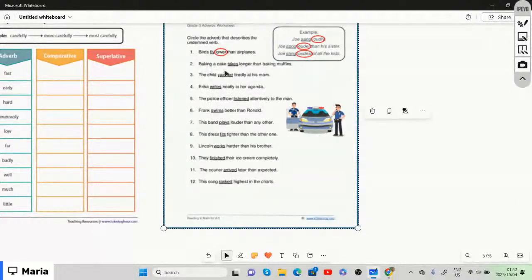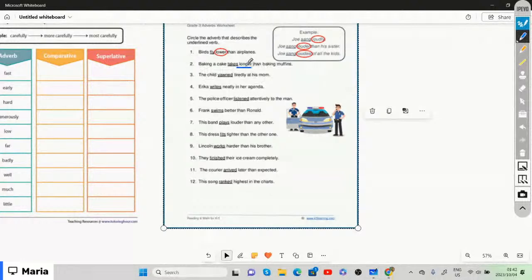Baking a cake takes longer than baking muffins. We are comparing baking a cake to baking muffins, which means that we are saying it is longer with an er, not est, but er, longer.